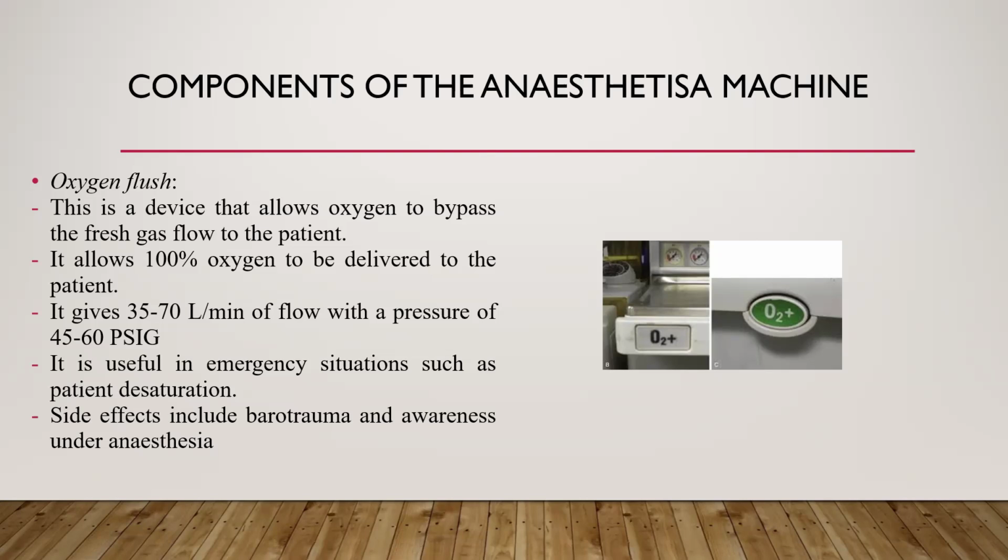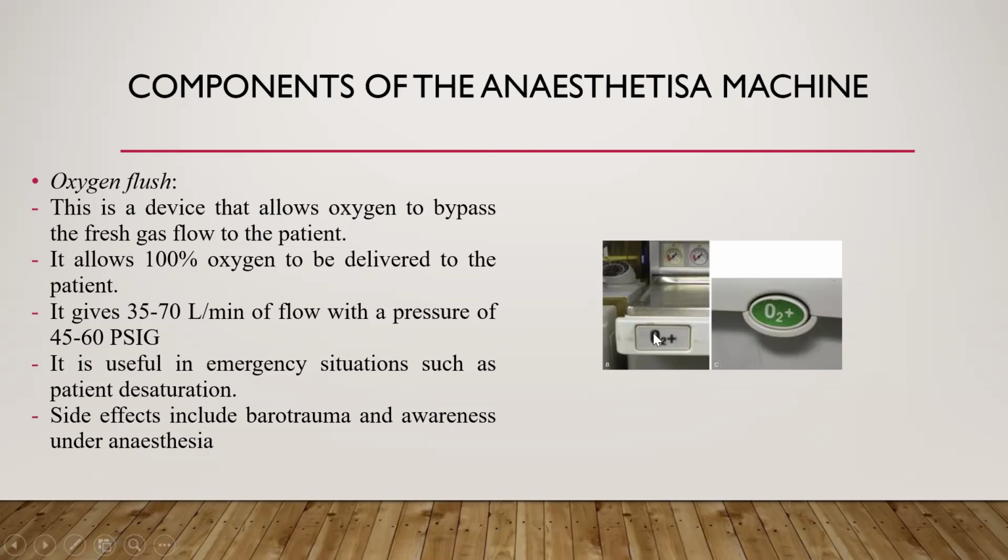It can cause barotrauma. And more importantly, because it bypasses the fresh gas flow, the more you give oxygen flush, the more you predispose your patient to awareness under anesthesia, because they don't have inhalational agents being delivered to the upper airway.